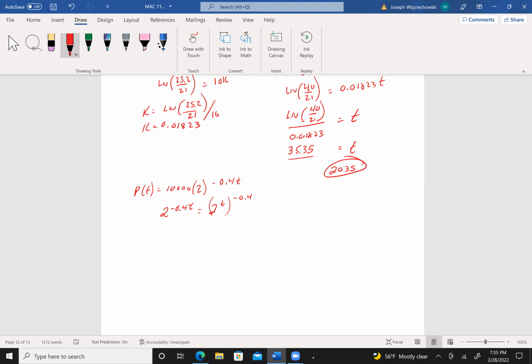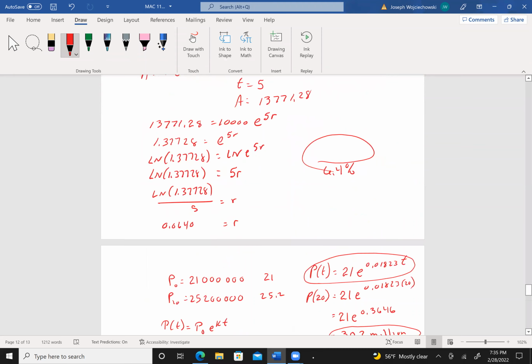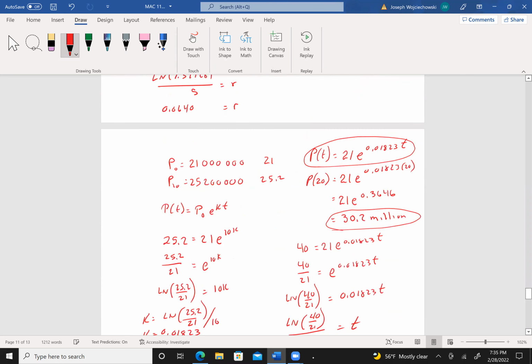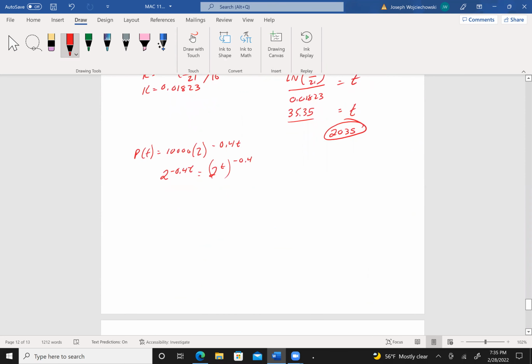We can apply that property we had, which was this here. So this is equal to e to the natural log of 2 times t, all to the negative 0.4.